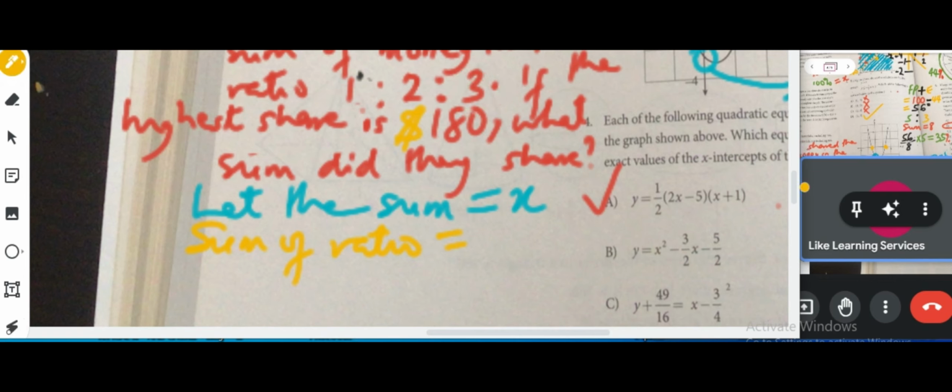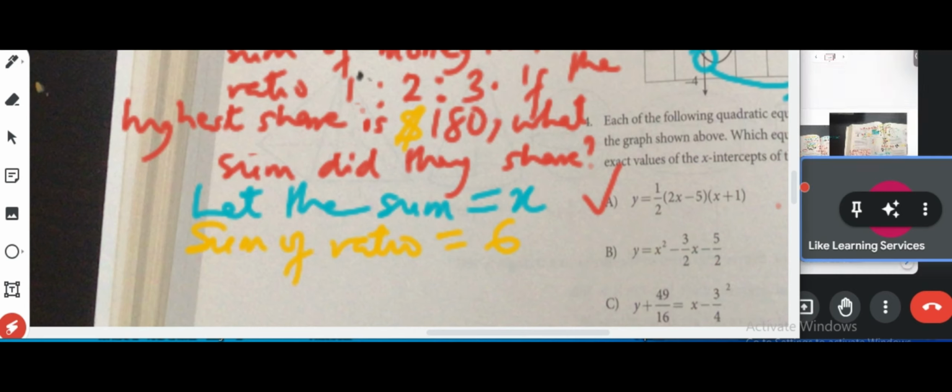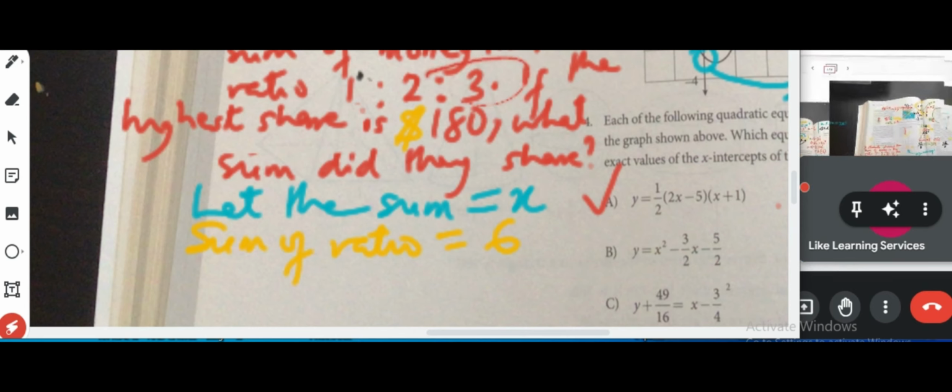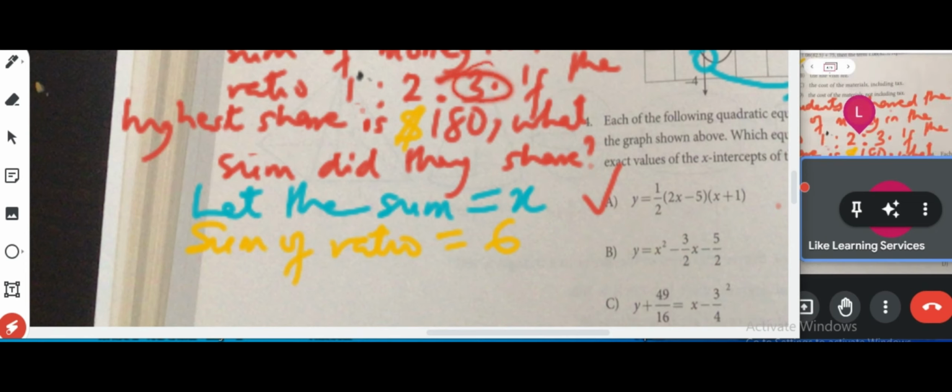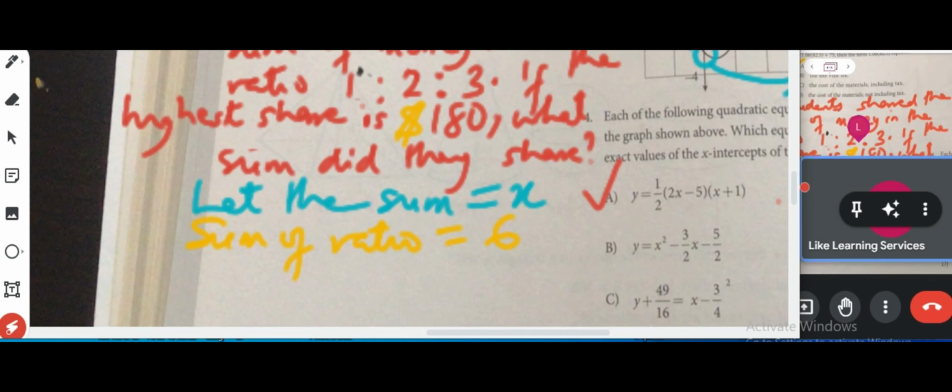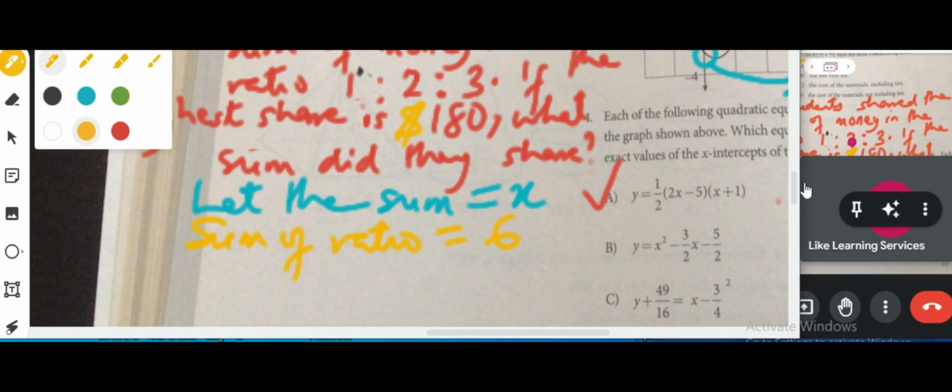Sum of ratio is 6. Now to get the value that the ratio 3 will get, what do we do? Are we not going to do total over sum of ratio times that particular ratio? Yes. What's the total amount? That's what we call x.